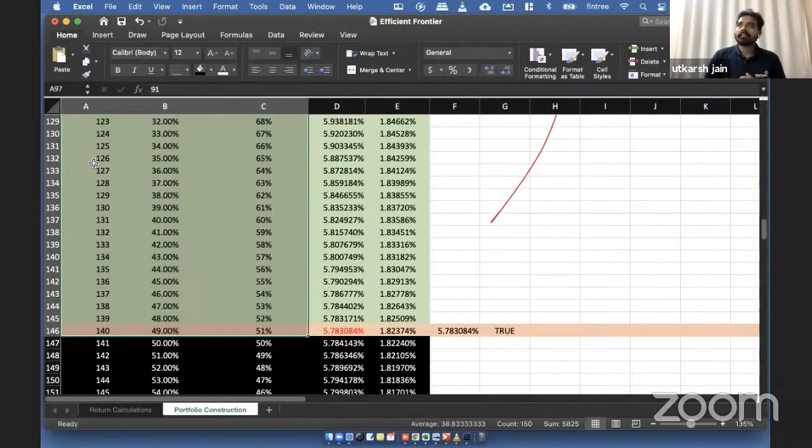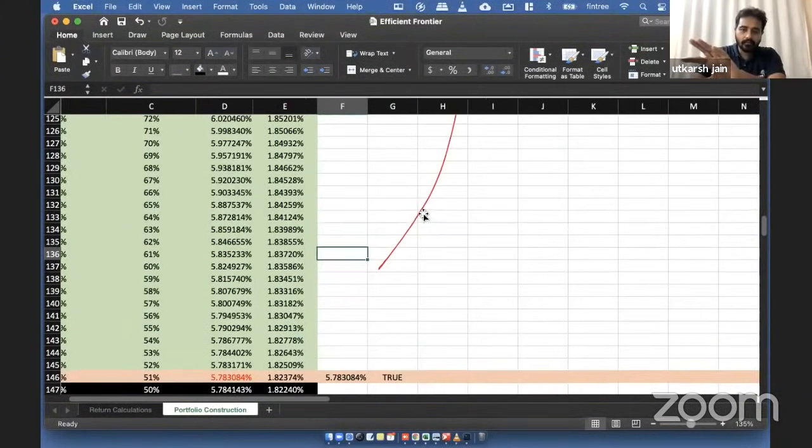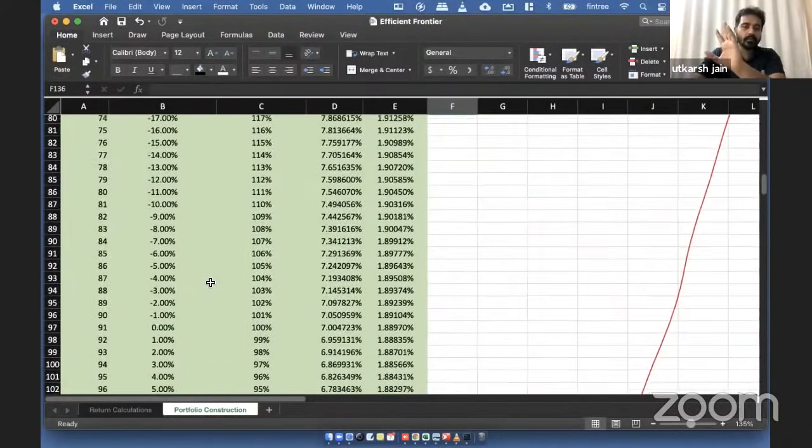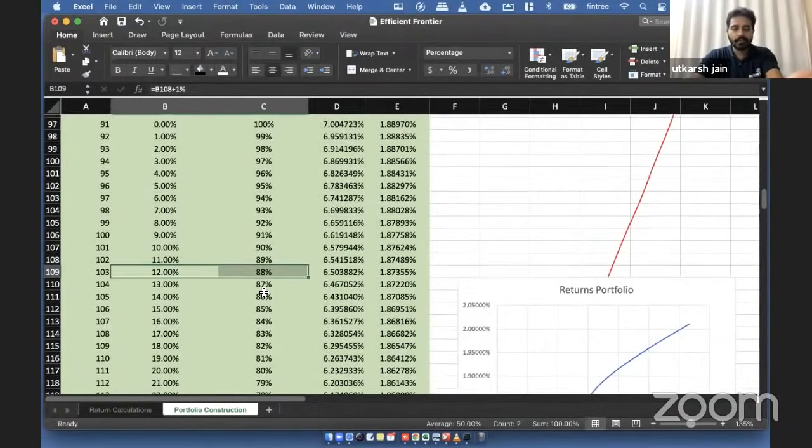One big challenge with these efficient frontier portfolio management processes, and you'll learn that especially in CFA Level 3, is that it's extremely sensitive to inputs. For example, imagine I build the entire efficient frontier and I recommend to the client, sir, you invest in this portfolio. Okay, hypothetically 12 and 88, because it's a good portfolio.